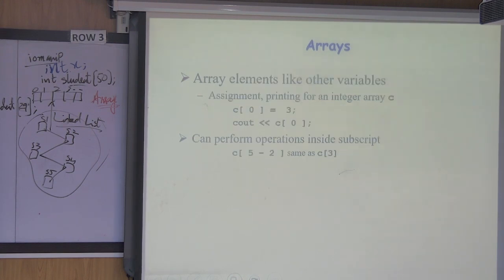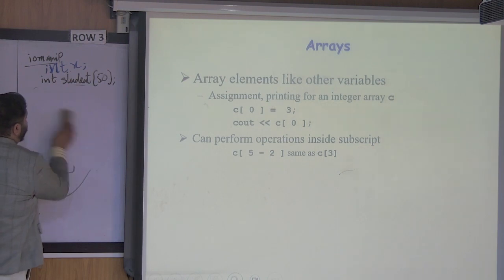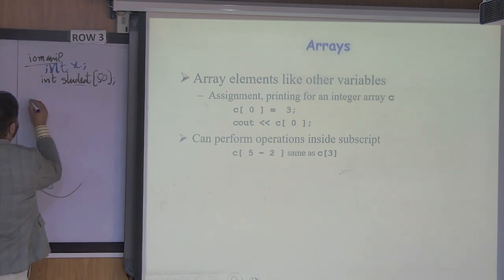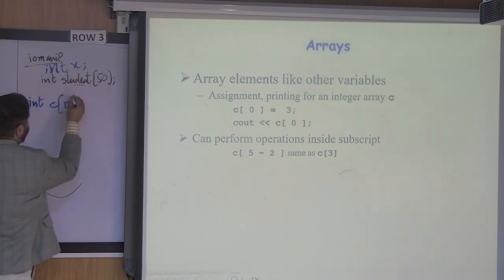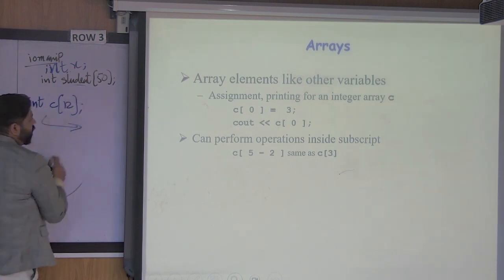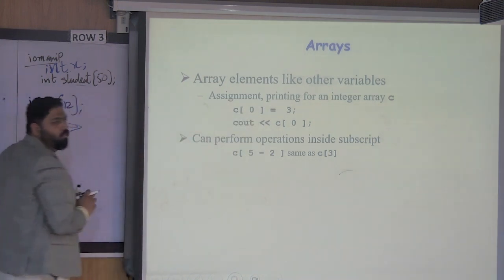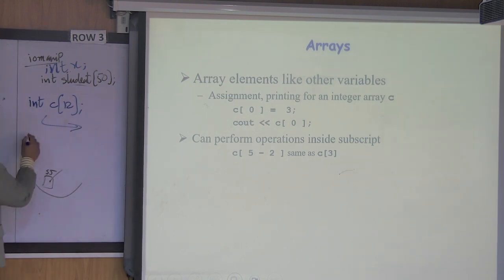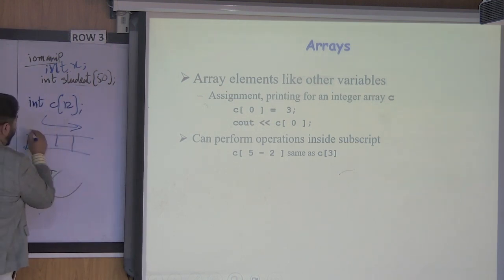For example, आप कर दें C of 0 equals to 3. आपने डाटा बनाया, एरे क्रिएट किया, int C equals to, एरे क्रिएट करते हैं, उसके बाद इसमें इनपुट करते हैं, just like this, int C of 12, and afterwards C of 0 equals to 0. तो इससे क्या होगा? 12 एलिमेंट्स का डेटा स्ट्रक्चर क्रिएट हुआ है with the name C. C of 0 equals to 3.